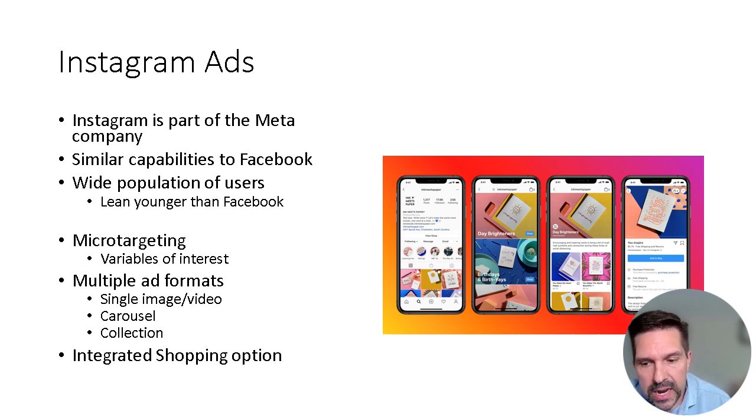It does lean younger when it comes down to the audience. So you should use that to your advantage when you're trying to decide on which platform to use. And it also is particularly well suited to brands that have some sort of visual appeal because of the nature of the platform. It's about images and video.